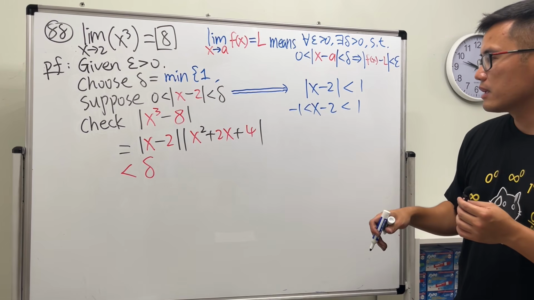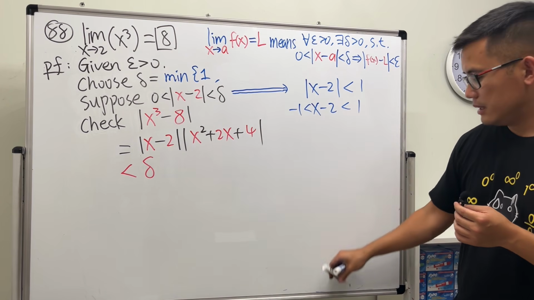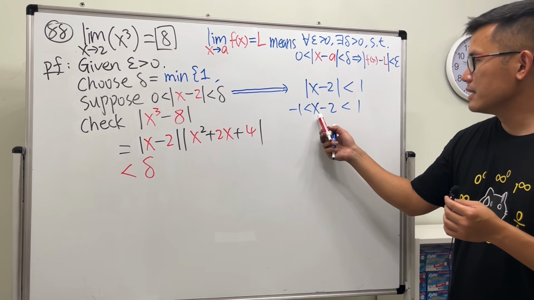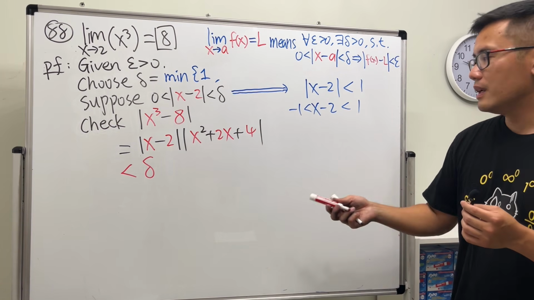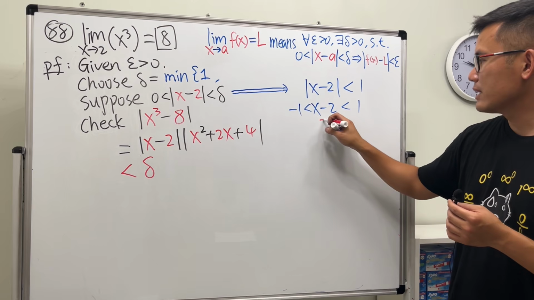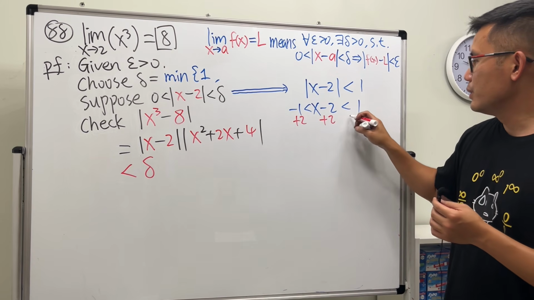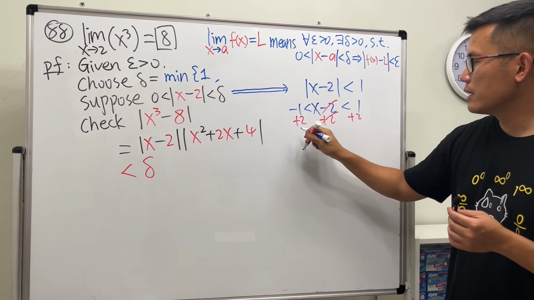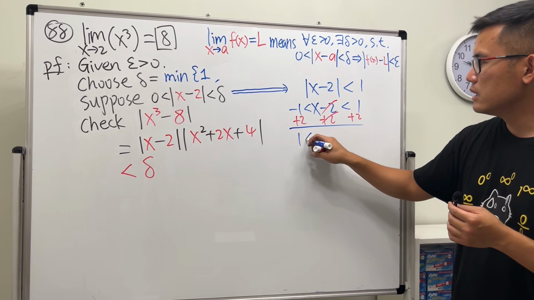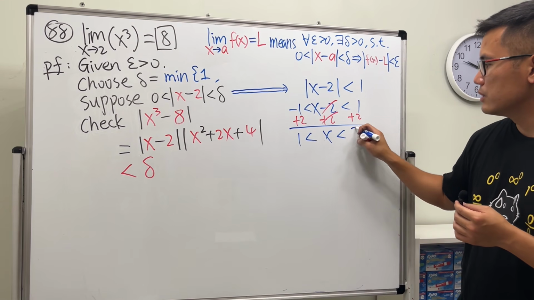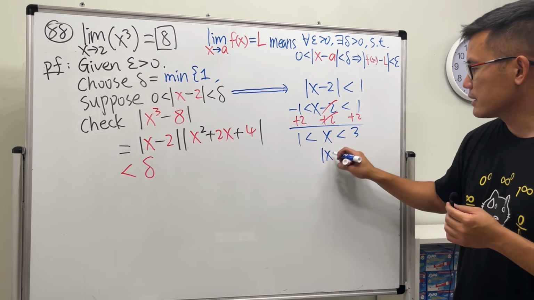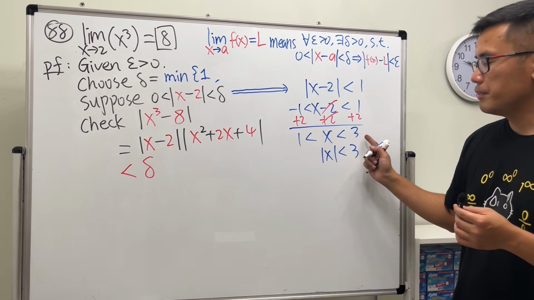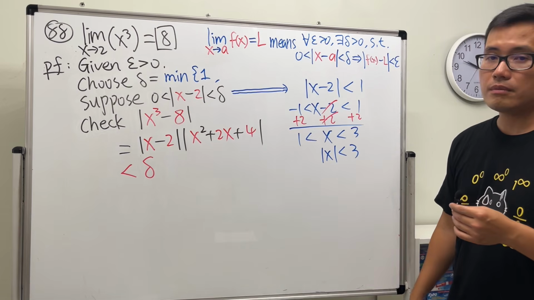And for this particular case, because I cannot get to x squared unless I square everybody. No, let's not do that. Let's just add 2 to everybody. You'll see why. So they cancel. And then we see this is 1, this is x, and this is 3. And then just like what we did earlier, we can say absolute value of x is less than 3. Then you pick the bigger absolute value, which is this.